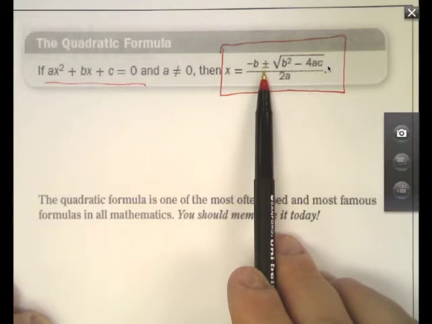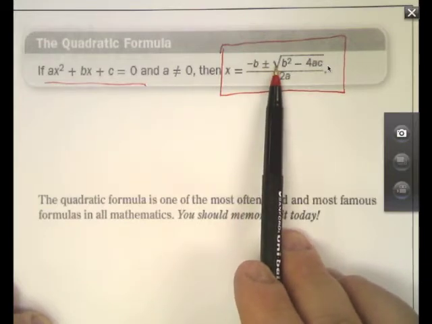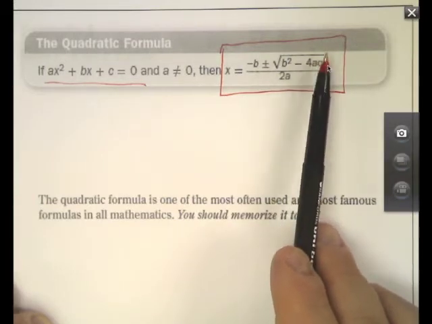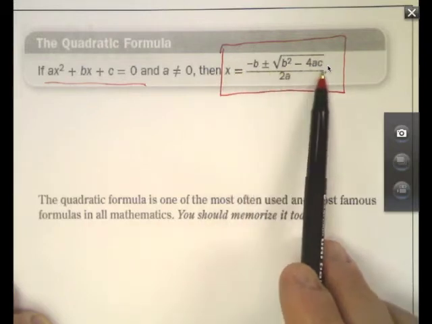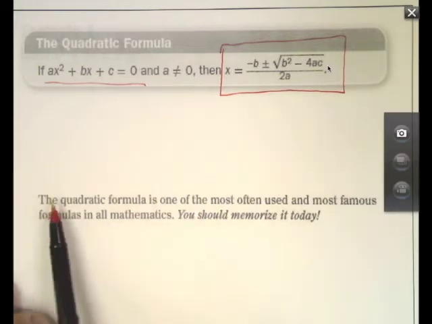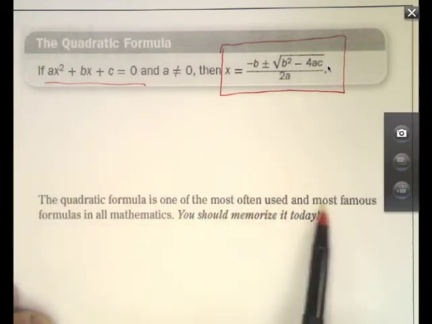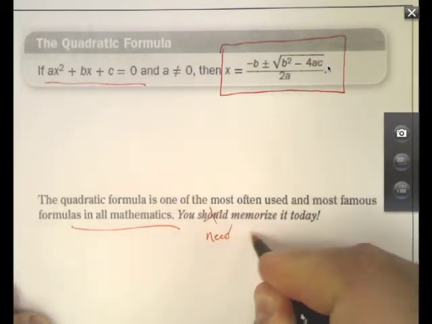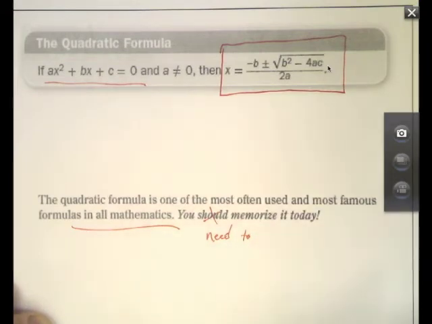Negative b plus or minus the square root of b squared minus 4 times a times c, all over 2 times a. You're going to want to pause and make sure that you write down this formula. The quadratic formula is one of the most often used and most famous formulas in all of mathematics. You need to memorize it today. You are going to have to know that formula.